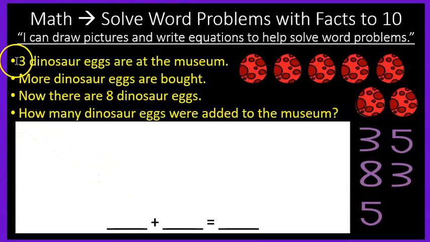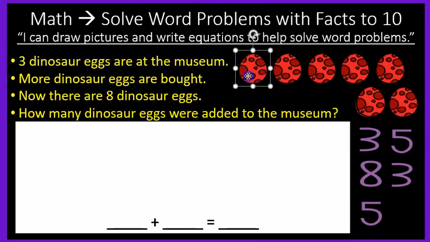Now, let's come back up here. Let's break it apart. Let's read this first one again. Read it with me. Here we go. 3 dinosaur eggs are at the museum. Now, how many dinosaur eggs are at the museum? 3.